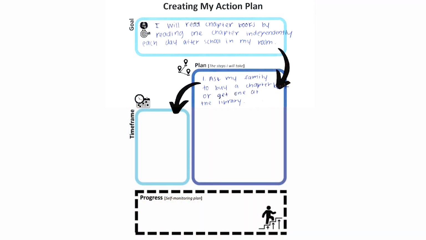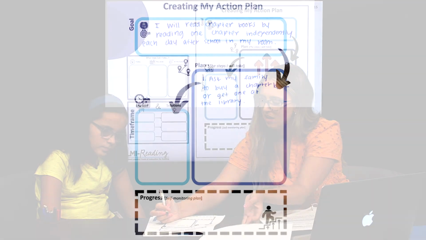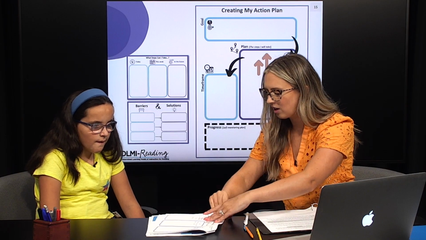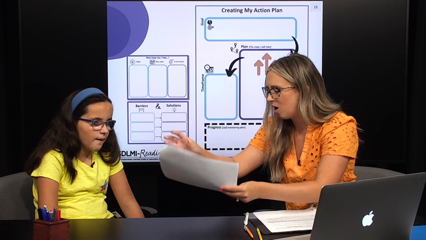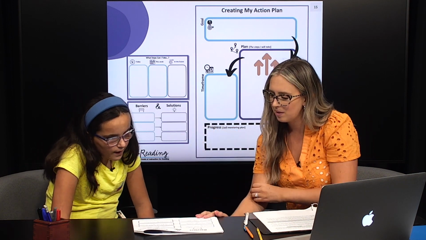So step number 1 for you is going to be ask my family to buy a chapter book, or if that doesn't work out, you can go to the library, right? Now, I want us to take a look at some of your barriers and solutions, and maybe this will help us think about your next step.